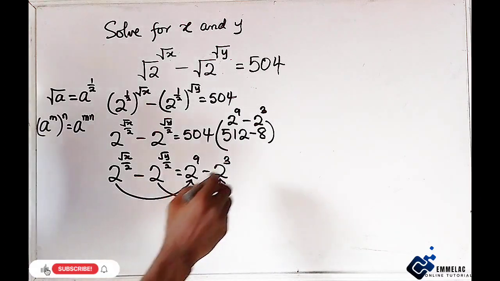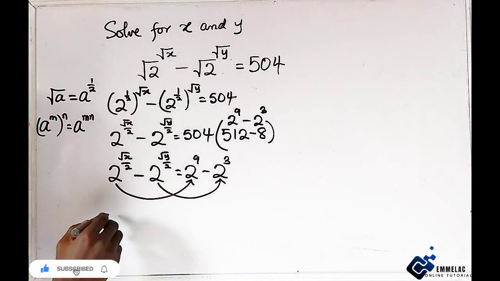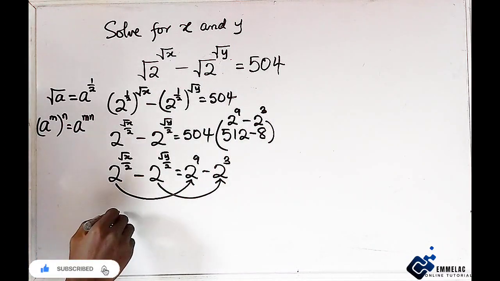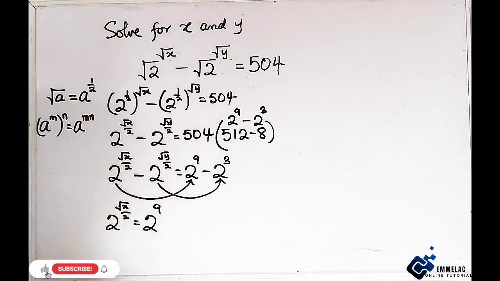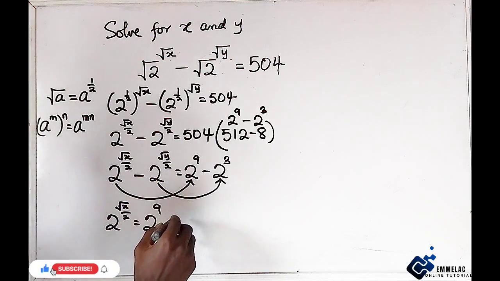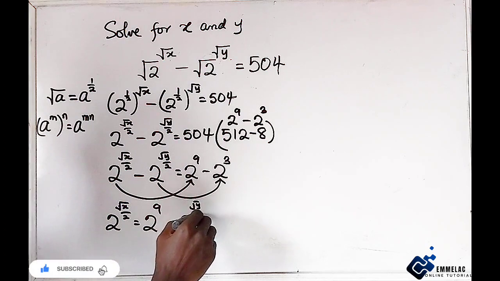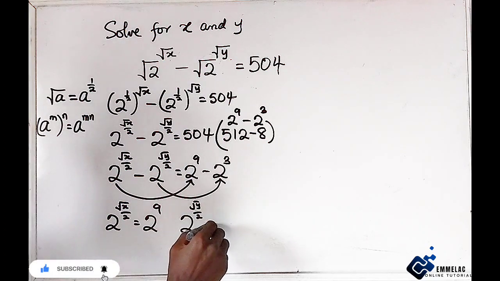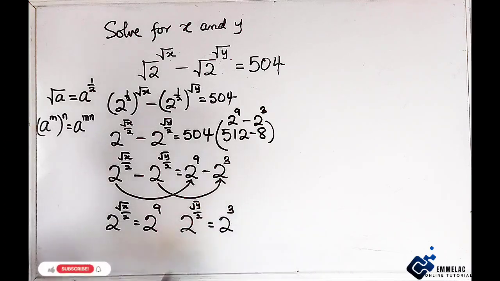So here you have 2 raised to the power of the square root of x all over 2 equals 2 raised to the power of 9. And the next one, 2 raised to the power of the square root of y all over 2 equals 2 raised to the power of 3.